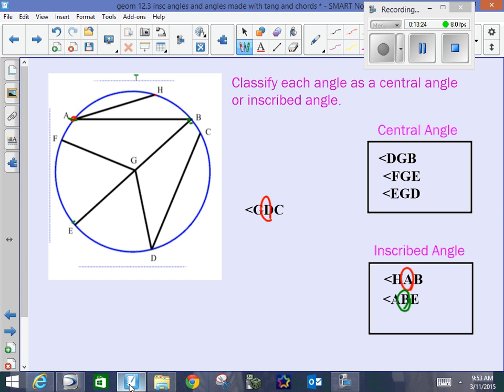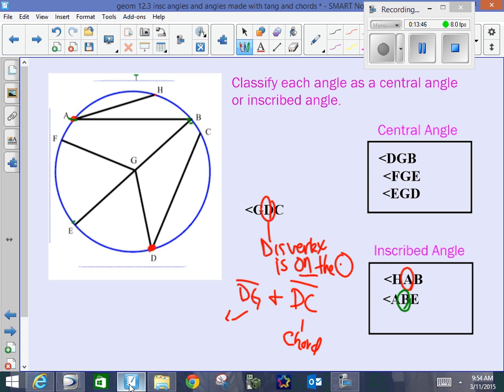D is the vertex, and the vertex is on the circle right there. But now look at one of the sides, GD, and DC. This is a chord.